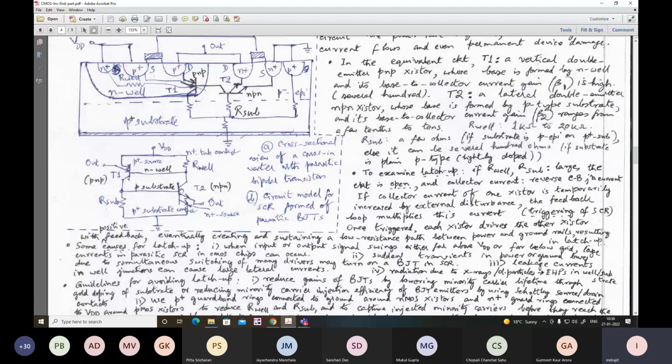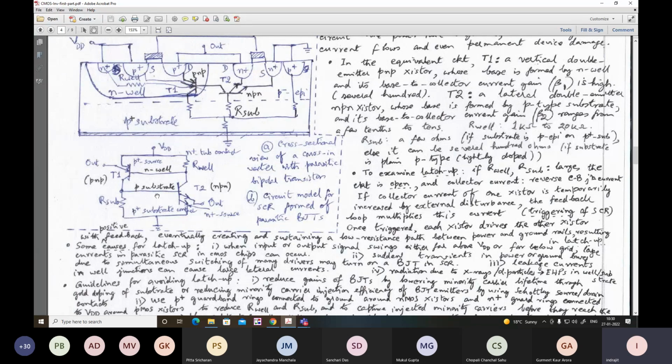This is an NPN transistor, so this is the N type drain of the NMOS transistor, and for the PNP transistor, this is the drain of the PMOS transistor. These two are connected together, but we are showing them separately. Also, the N plus source and the P-type source of the PFET are shown.